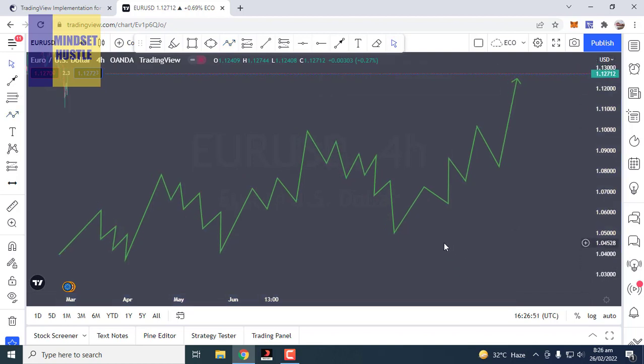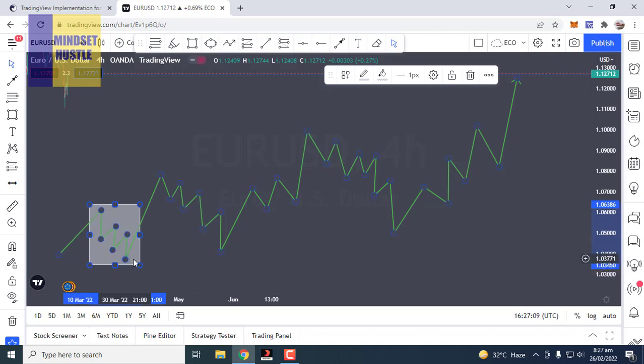Now within this we have the main trend, the main structure, and the internal structure. For instance, if we take this entire area here, from here to here, it is a pullback.